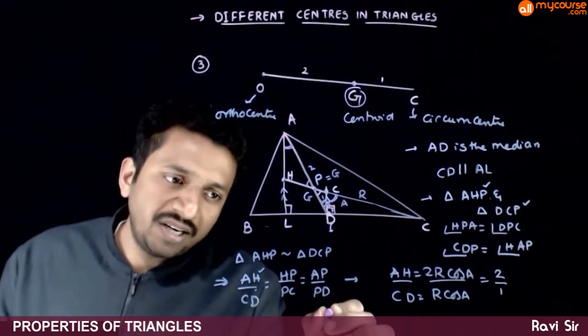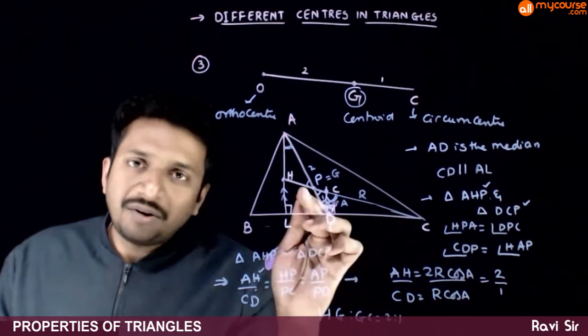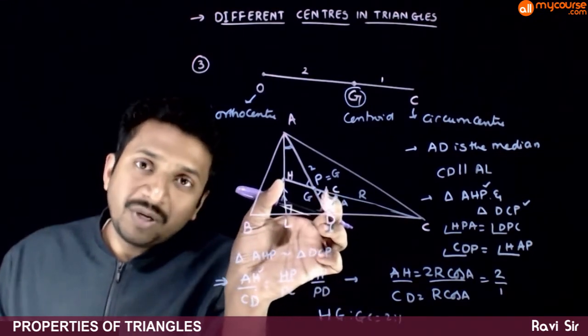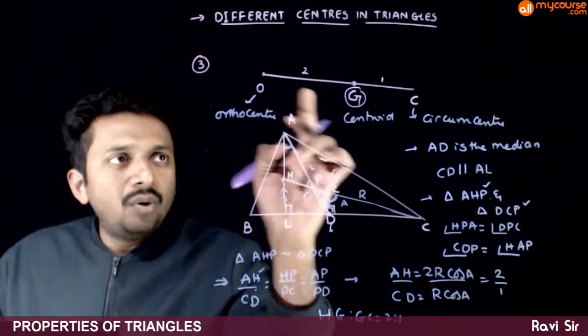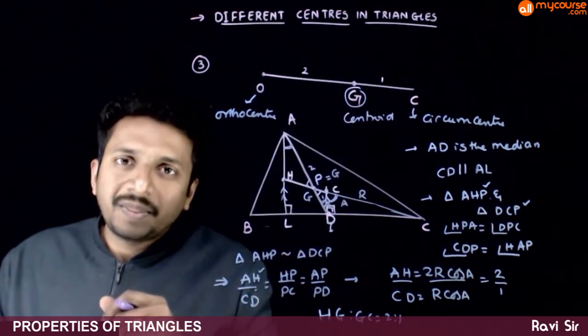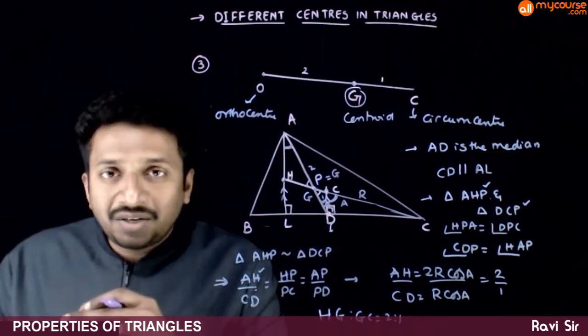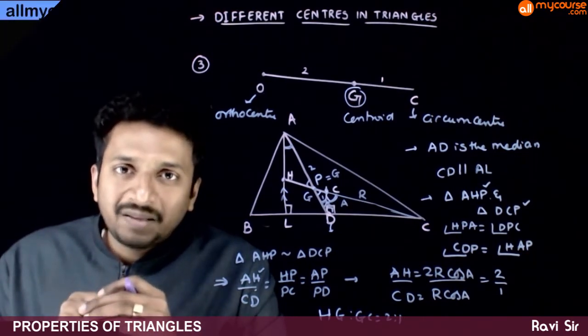That's how we proved that the centroid divides the line segment joining orthocenter and circumcenter in the ratio 2:1. So OGC is 2:1. So these are the properties that you need to know about the centroid of the triangle.